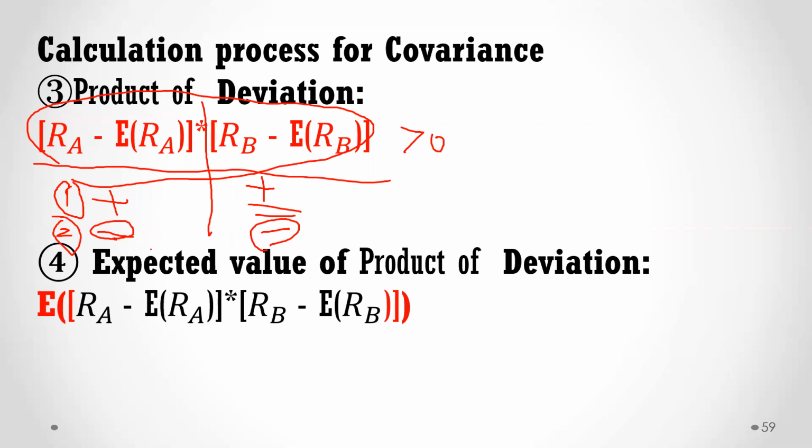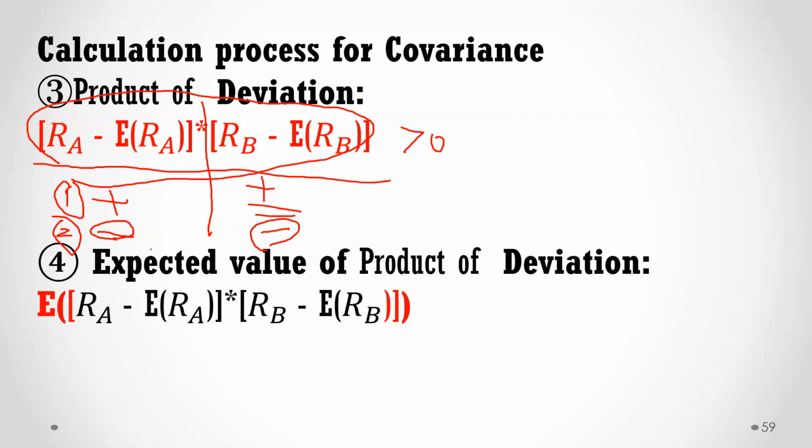So for both cases, they move in the same direction. The positive sign of the product of the deviation says that the two stocks move in the same direction. Of course, if you trace the stocks for the past 10 years, maybe some days they have positive correlation.